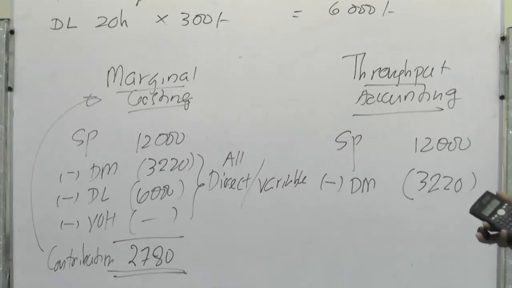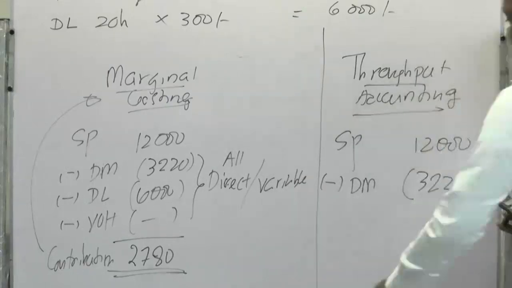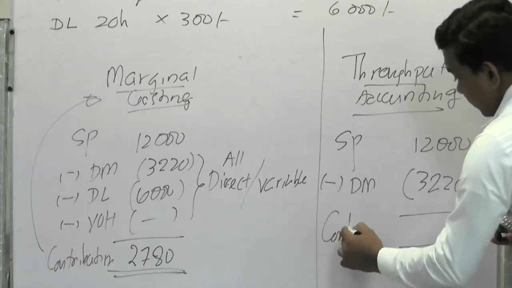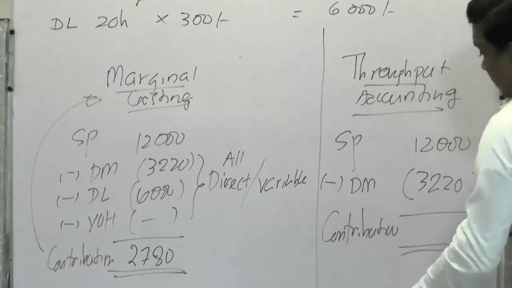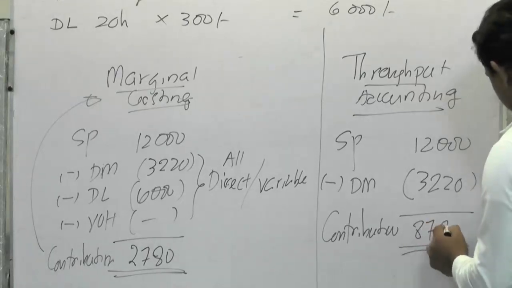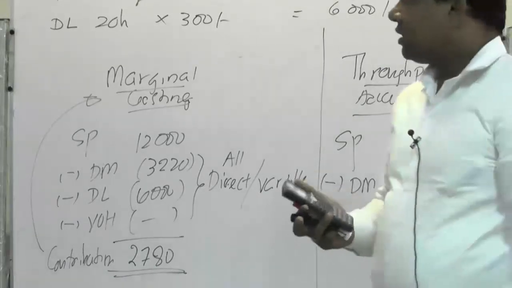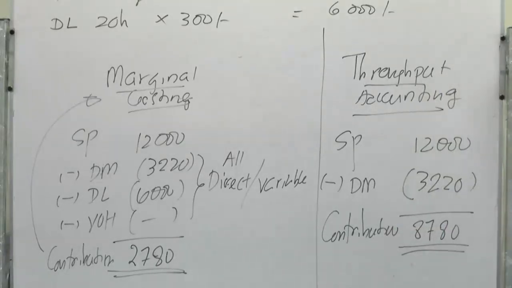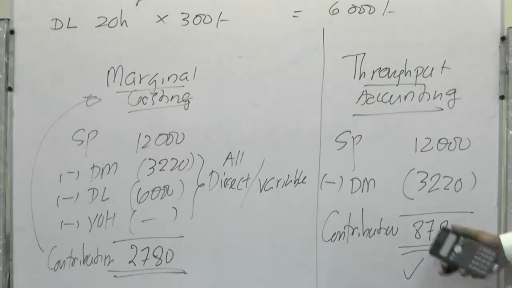Direct labor and direct overhead will be considered as conversion cost under throughput accounting, right? Therefore, according to throughput accounting, contribution will be 8,780. You can view your question papers. The throughput accounting contribution, according to the given answer, would be 8,780. Now, what is the difference?